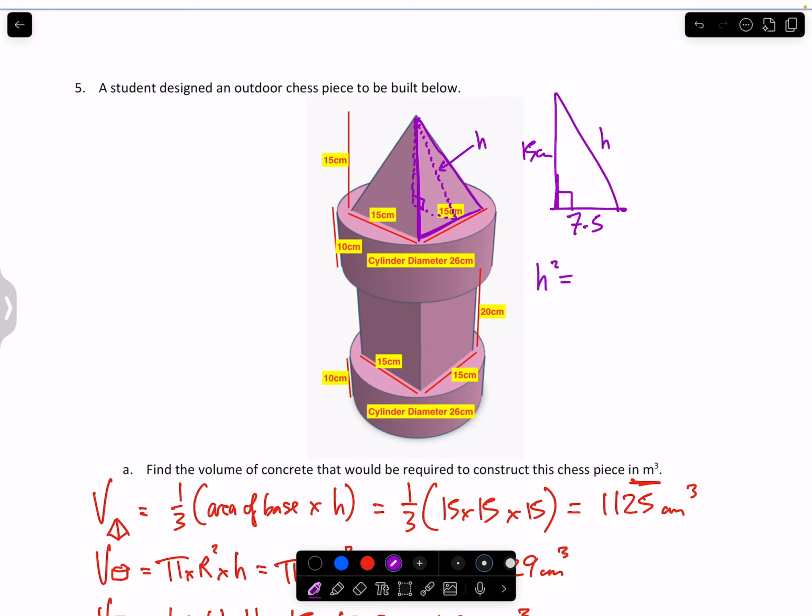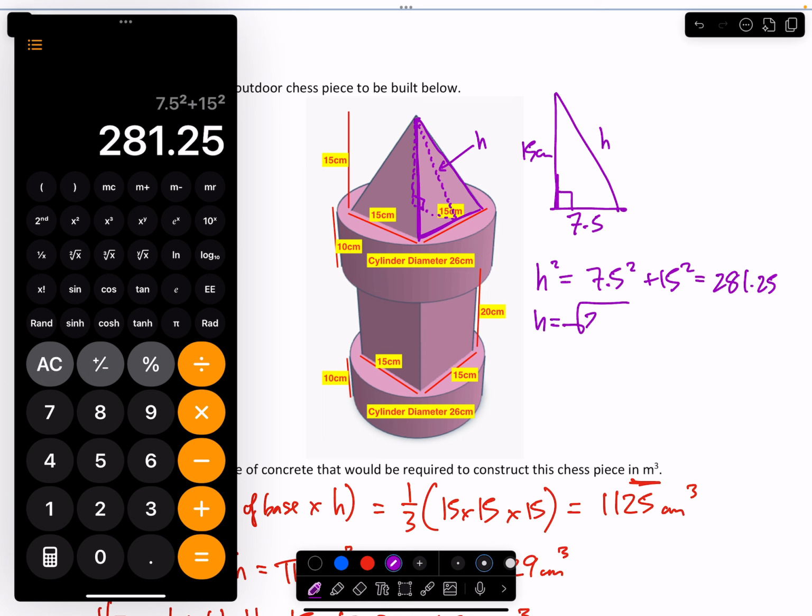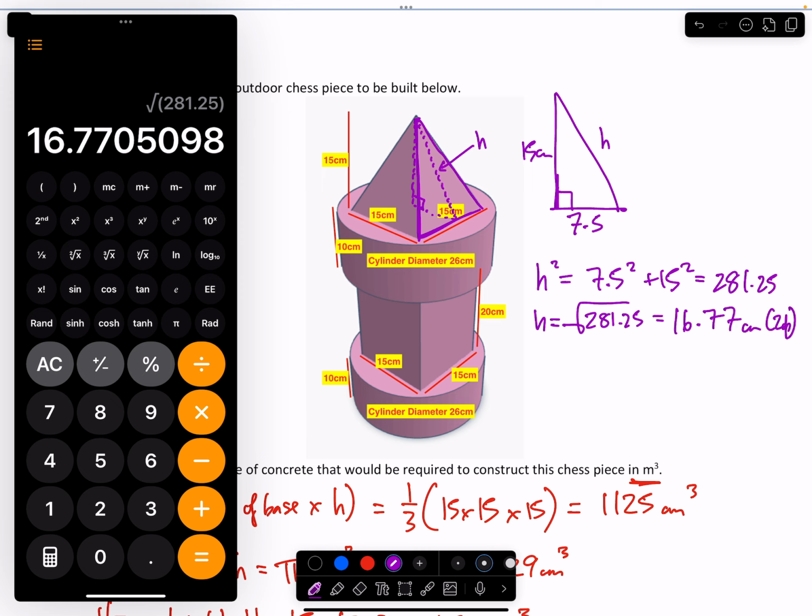So H squared is equal to 7.5 squared plus 15 squared, which is 281.25, so H is the square root of 281.25, which is 16.77 centimeters to 2 dp.